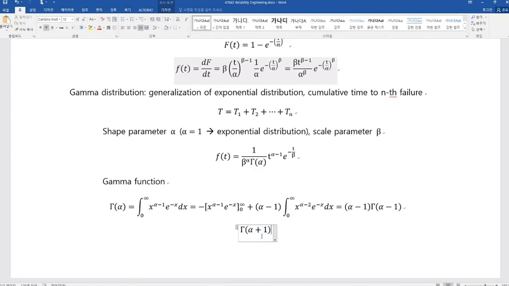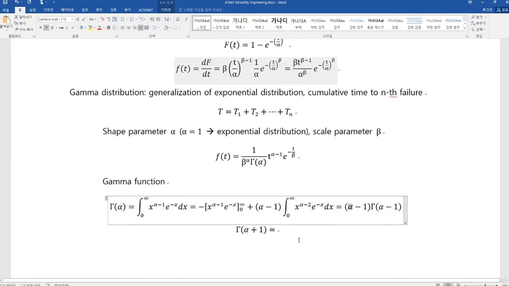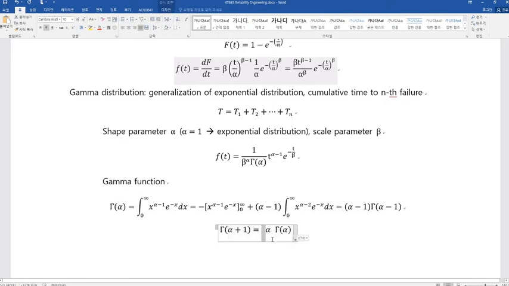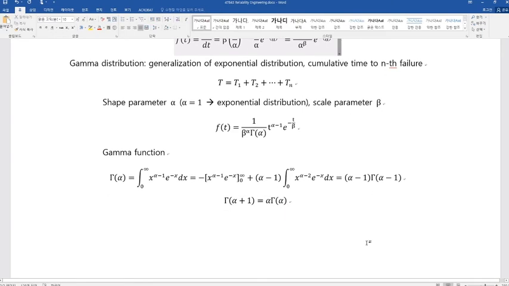If we increase alpha by 1, gamma of alpha plus 1 is going to be alpha times gamma of alpha.